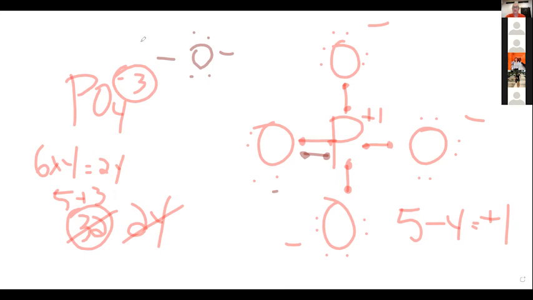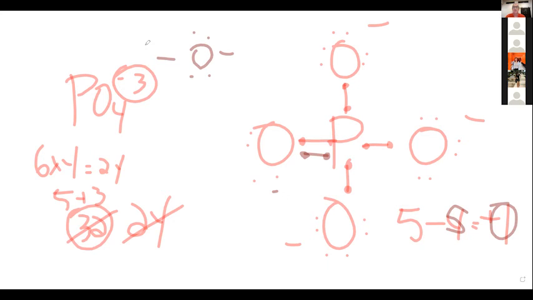So how many valence electrons does it have? 5. 5, right. So it's got 1, 2, 3, 4, 5, which is the number it normally has. So now there's no charge. So we've eliminated 2 charges, which is generally what you want to do when you're making a molecule.